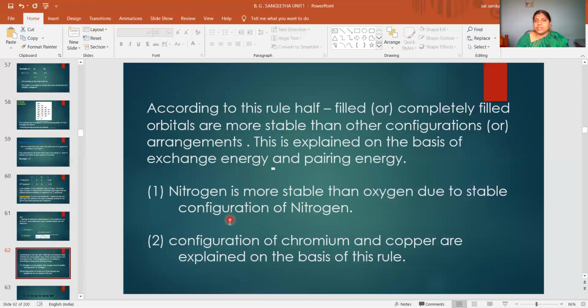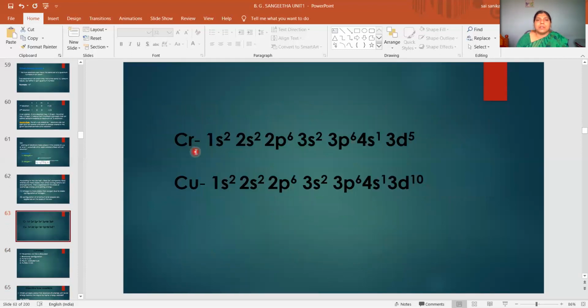This type of configuration is called a stable configuration. Here we will consider one more example, the configurations of chromium and copper, explained on this rule only. Chromium has atomic number 24. For chromium: 1s2, 2s2, 2p6, 3s2, 3p6, 4s1, 3d5. The d capacity is 10 electrons, so with 3d5 each and every orbital has one electron, that means half-filled orbitals.